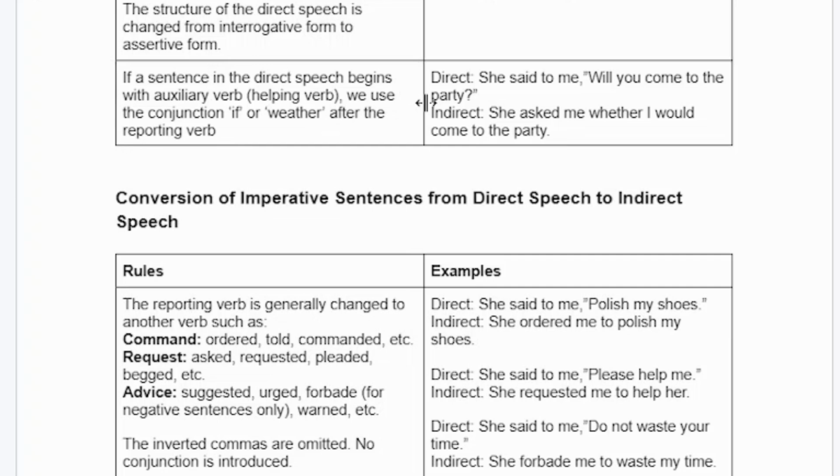So now we will see this rule. Direct: She said to me, will you come to the party? Indirect: She asked me whether I would come to the party. So you can see the difference in these two sentences. In this way you will convert your sentence.